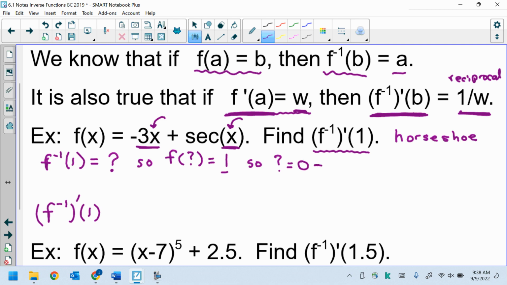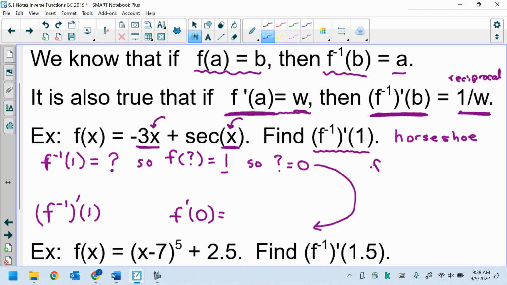Now the horseshoe. Now we're coming back this way. And down here, everything has to do with the derivative. I've got to find f prime of 0, f prime of that value I've just found. Now let's take a look at this.